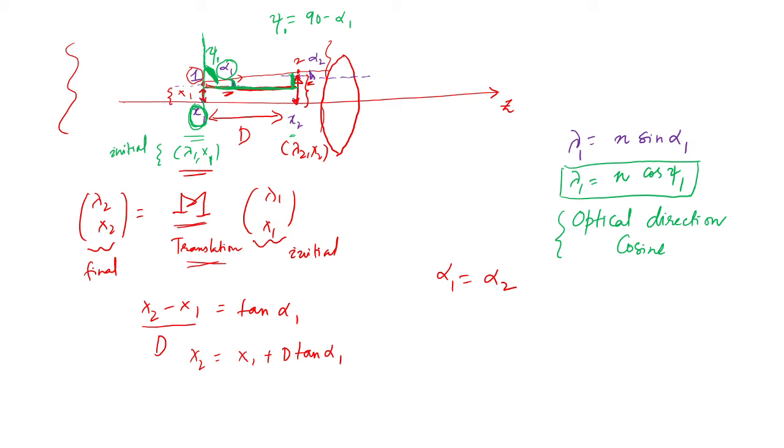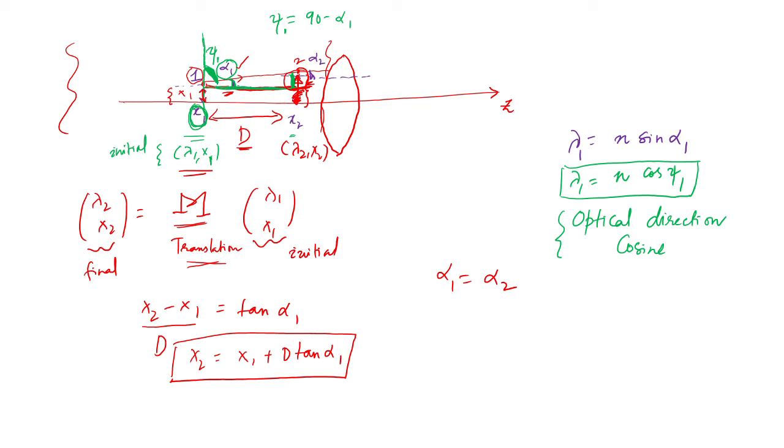Convince yourselves that x2 minus x1: here the height is x2. If I knock off x1, which is this bottom portion, I have x2 minus x1 left here, which is the opposite side for alpha 1, and the adjacent side is d, that is the distance between x1 and x2.